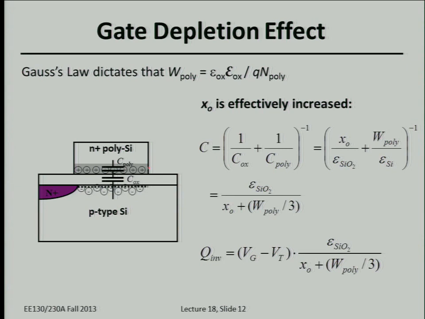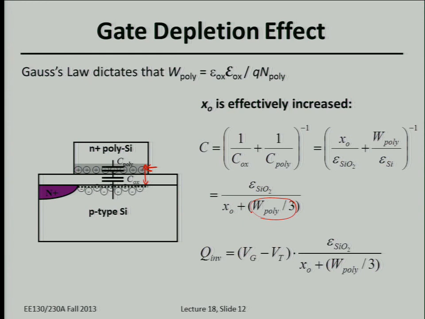You can think of this depletion region in the poly as an extra dielectric layer added on top of the silicon dioxide, so effectively you're thickening the dielectric thickness. But the permittivity of silicon is 3 times higher than oxide, so the impact is the width of the depletion region in the poly gate divided by 3.